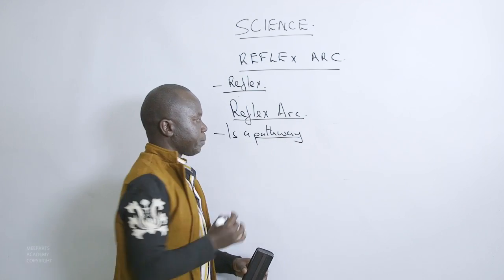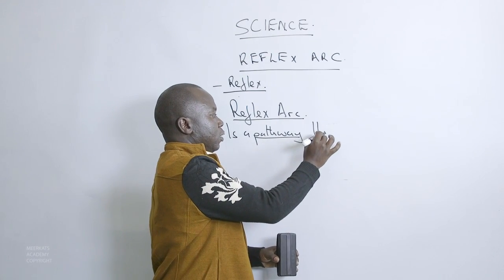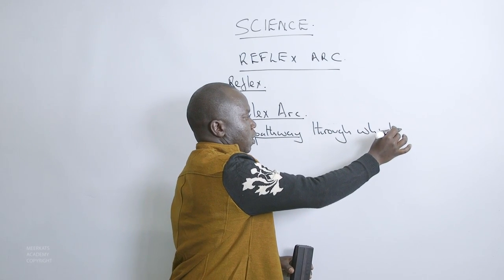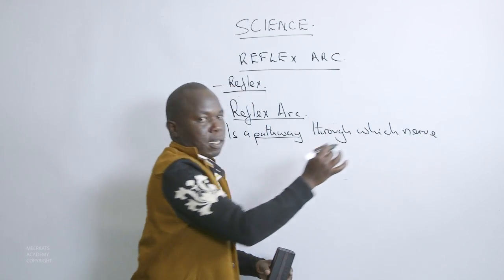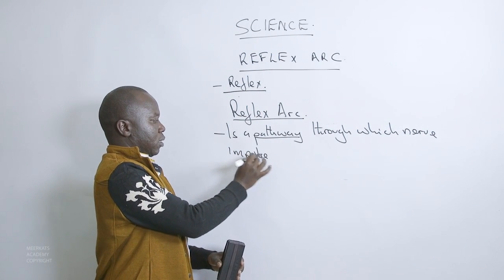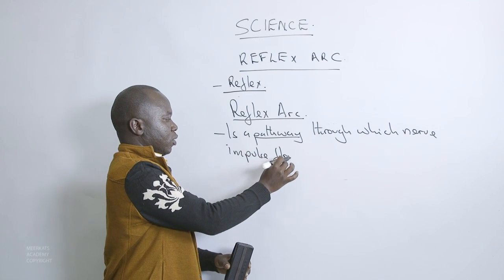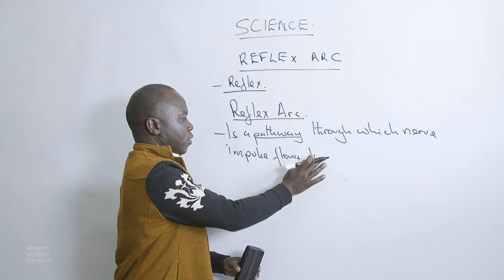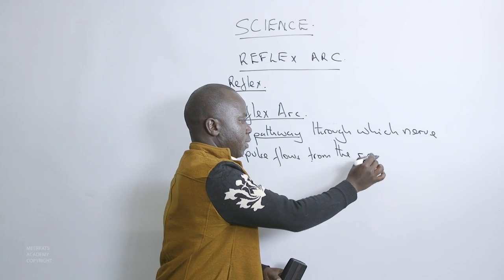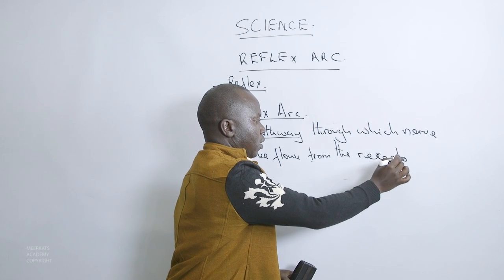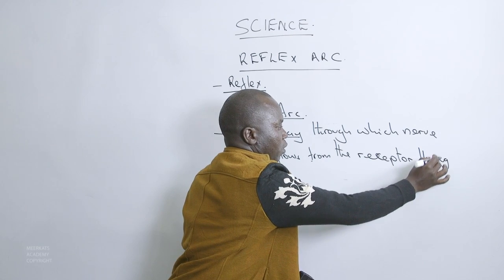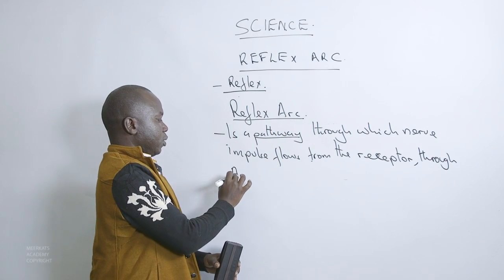Keyword, pathway, through which nerve impulse flows from the receptor through neurons.